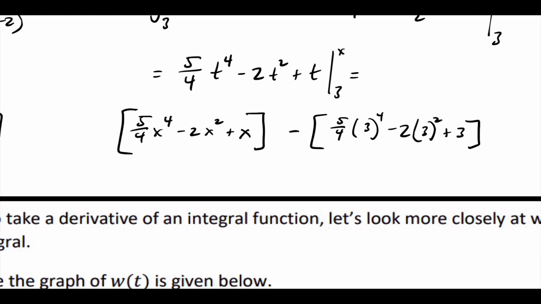All right. So 3 to the fourth is, I think, 64? So 5/4 times 64 minus 2 times 9 plus 3.